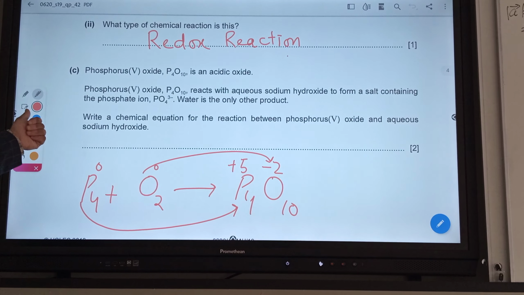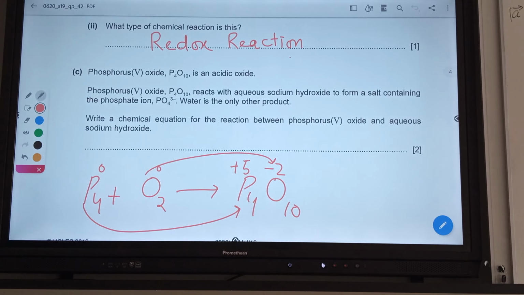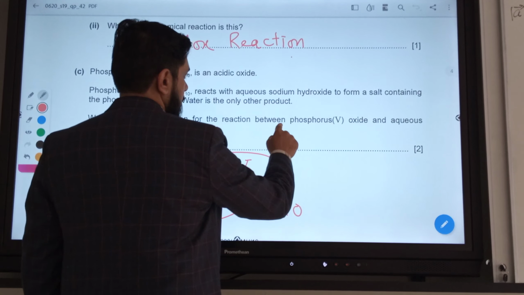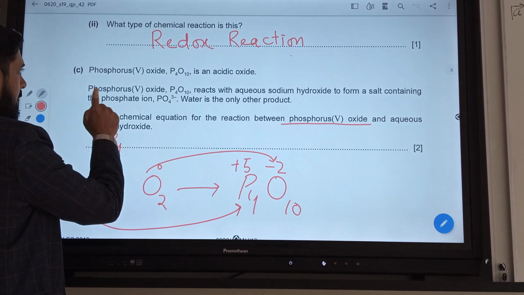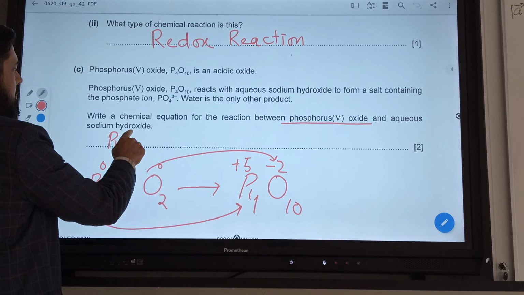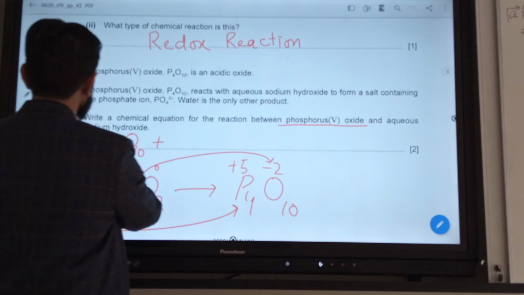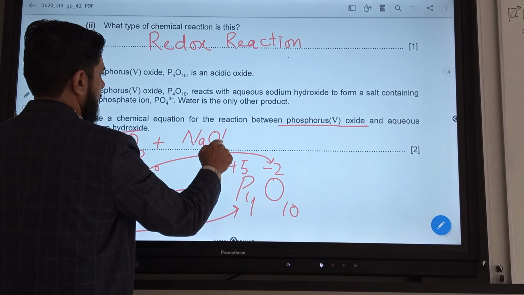Next, we are asked to write a chemical equation for the reaction between phosphorus oxide and aqueous sodium hydroxide. So we know the reactants. One reactant is phosphorus oxide, and we know the formula from the above part, P4O10. And then it is reacting with aqueous sodium hydroxide, the formula is NaOH.